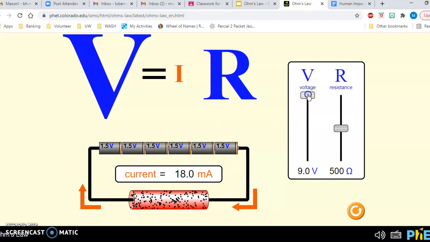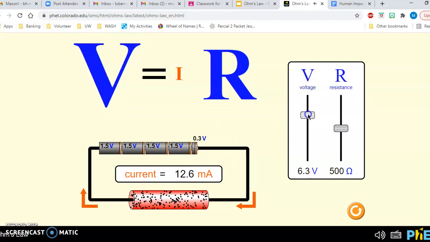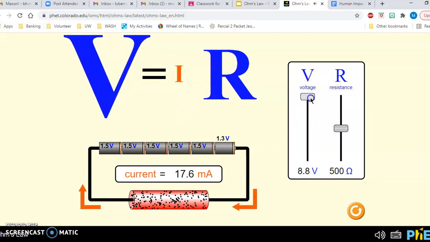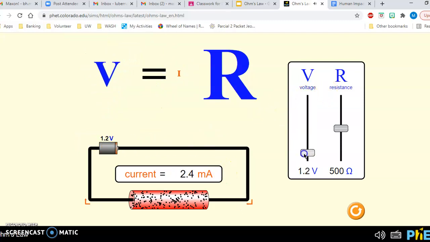So what changes? We're going to keep our R the same, our resistance stays the same, and we can see as our voltage gets bigger, our current, this little I right down here, is going to increase as well. If we keep R constant, as we make our voltage smaller, as we take away batteries, our I is going to get smaller.